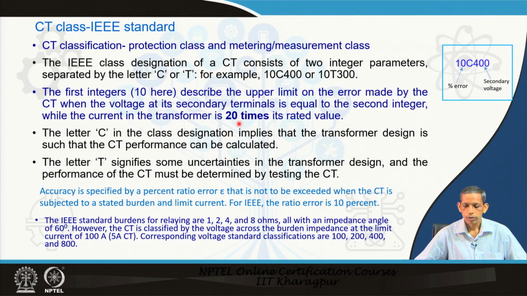So, if it is a 5 ampere CT, the corresponding secondary current should be 100 ampere.